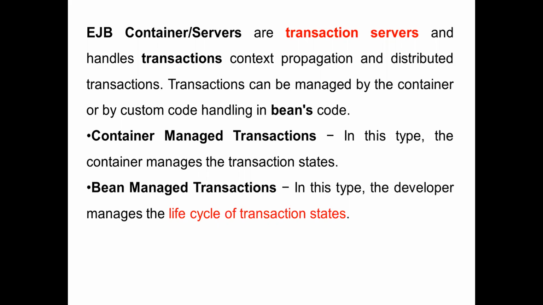In the container managed transaction, the container manages the transaction state, deciding which type of transaction applies while managing the database. Bean managed transaction means the developer side, because we are going for custom coding, so the developer manages the life cycle of the transaction state.